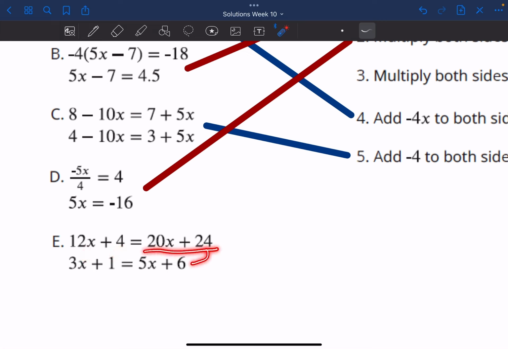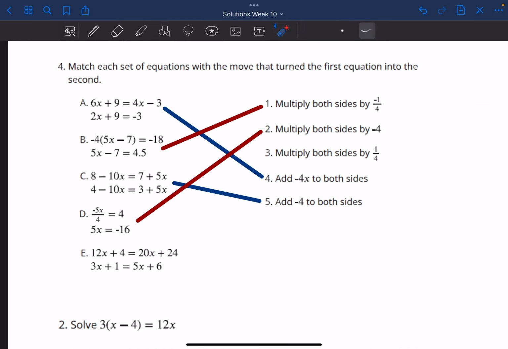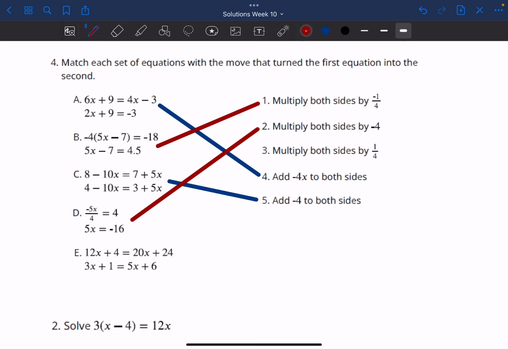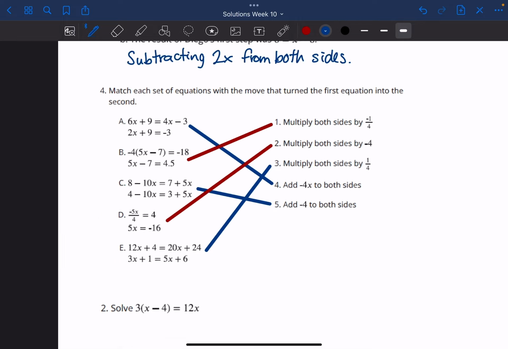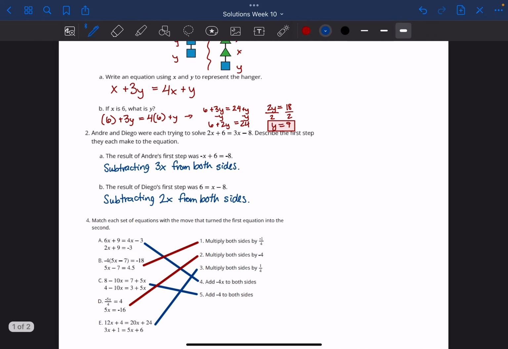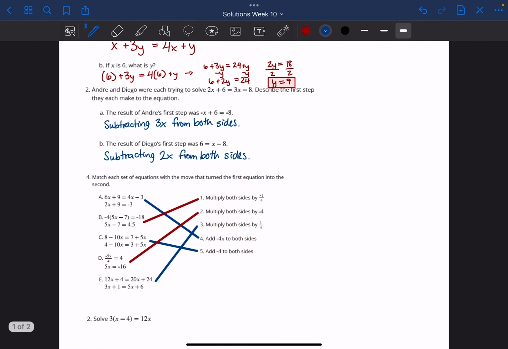And same thing here. Yes, these are going to get divided by 4. So we are correct. And I'll continue with my pattern of going every other color here. And we're going to match that up with multiply both sides by 1/4. So that is that one.